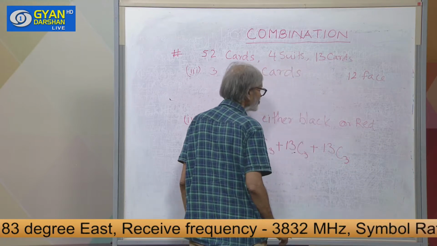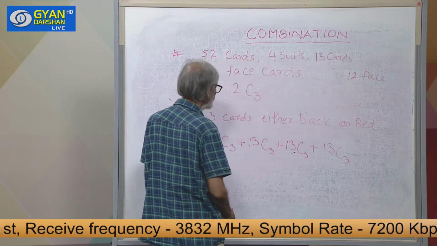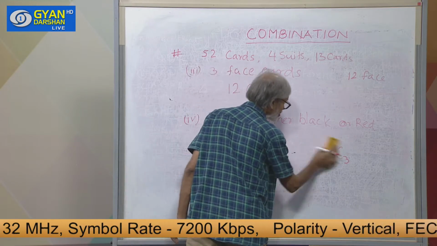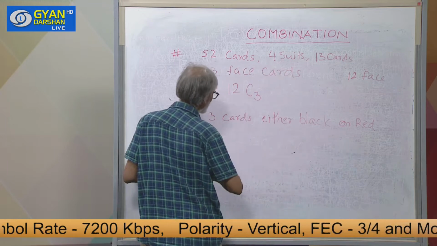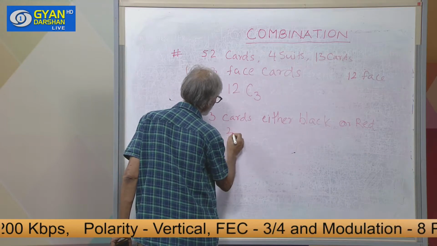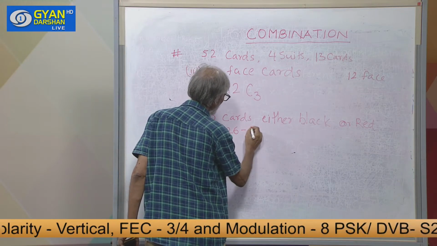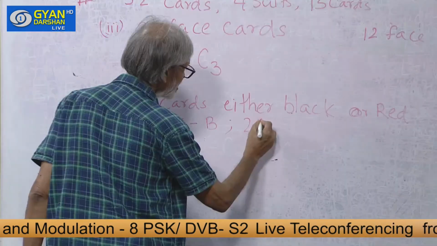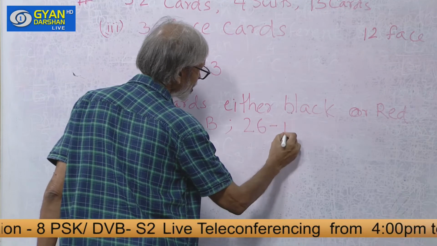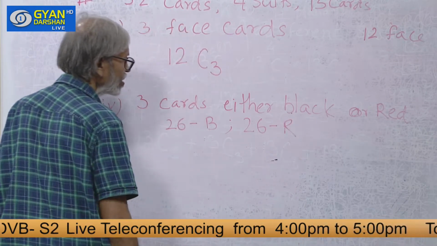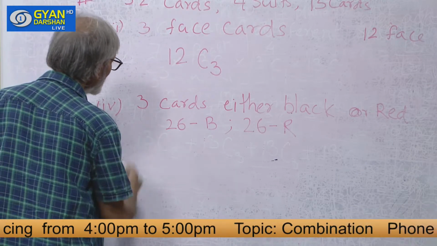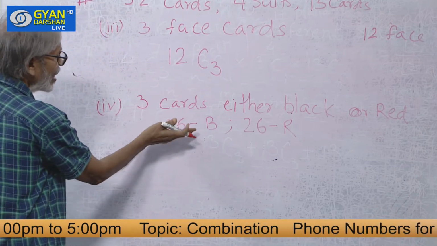So, friends, out of these 52 cards, there are 2 colors. 26 cards are of black color and 26 cards are of red color. So, you have to choose 3 cards. It should be either black or red.